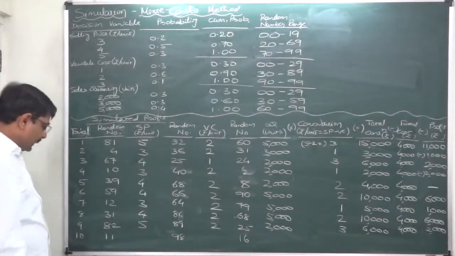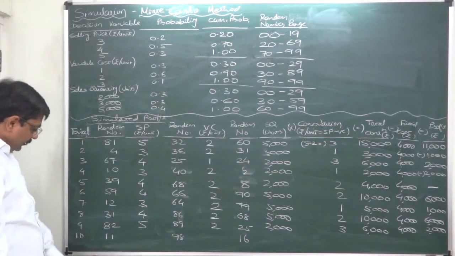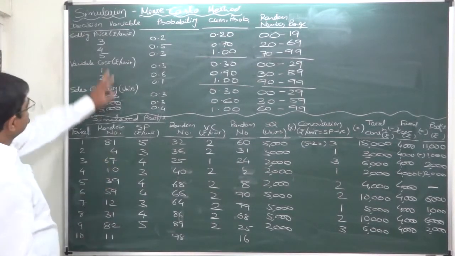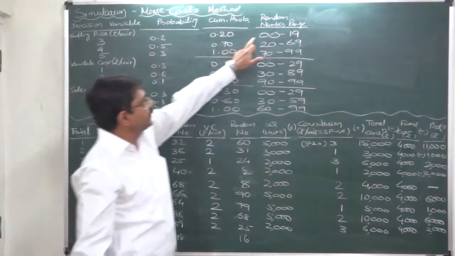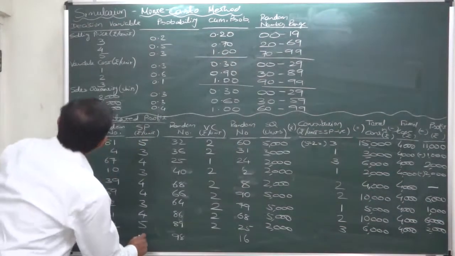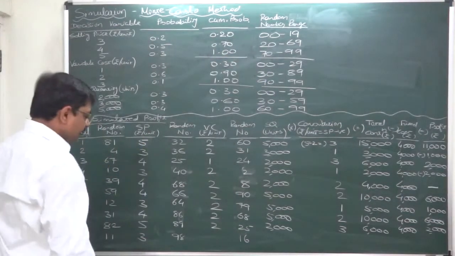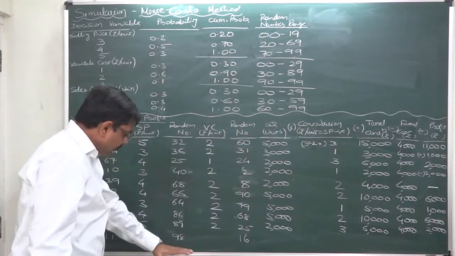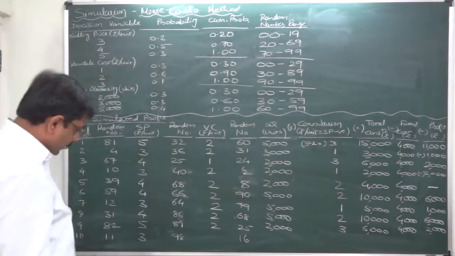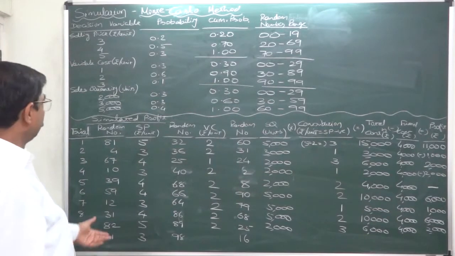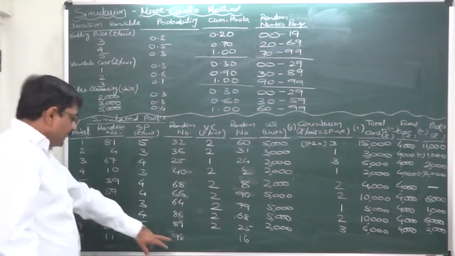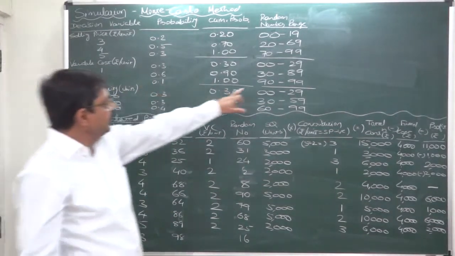Now the last trial, number 10, first random number is 11, that is for selling price, 11 falls in the range 00-19, so the relevant selling price comes to 3 rupees. Second random number is 98, highest possible is 99, so this is 98, falls in the range 19-99.